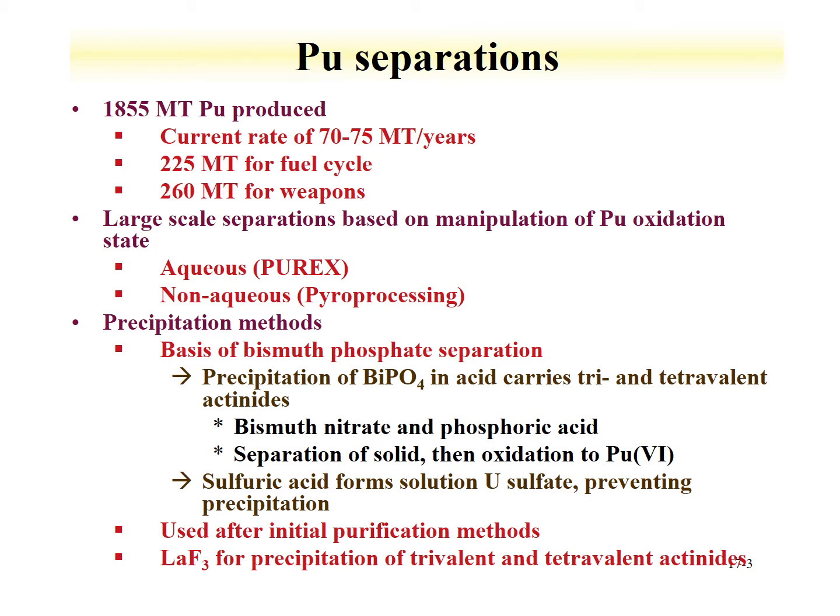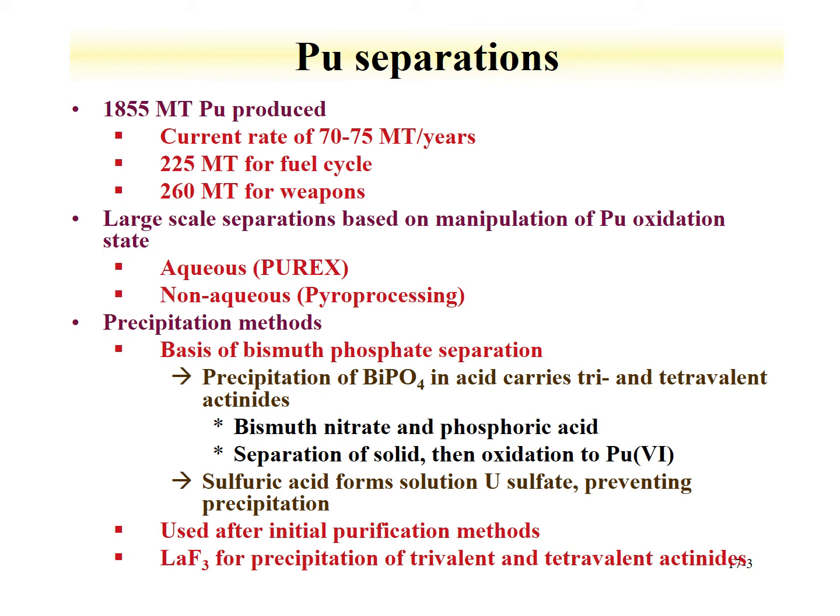As we discussed earlier, PUREX is a large-scale processing route for separation of plutonium. As we gave detail on this separation route in earlier lectures, it will not be covered for the plutonium. The first route for separating out plutonium on a large scale is the bismuth phosphate process.